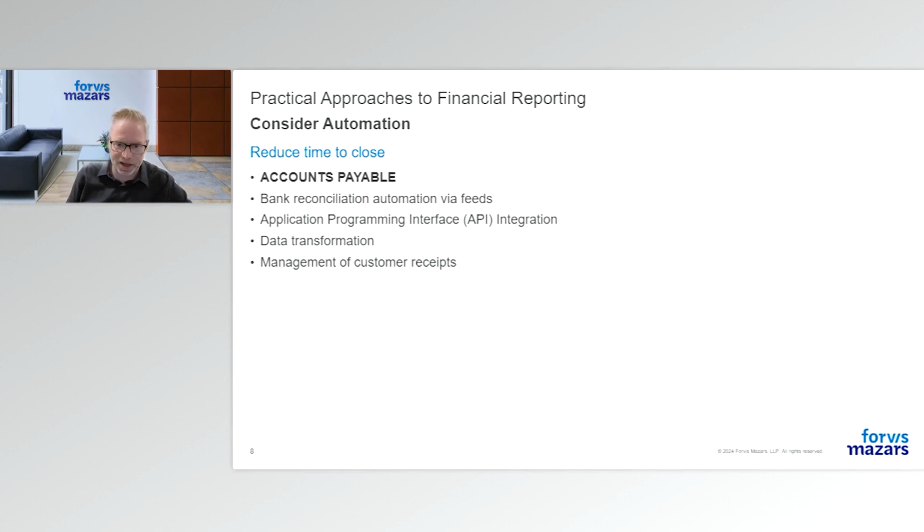You can email in bills or scan and upload bills. It cuts hours and hours off of the AP process and increases accuracy, which ultimately ends up in reduced time to close. So this is absolutely the place to start, AP and automating that in some manner.